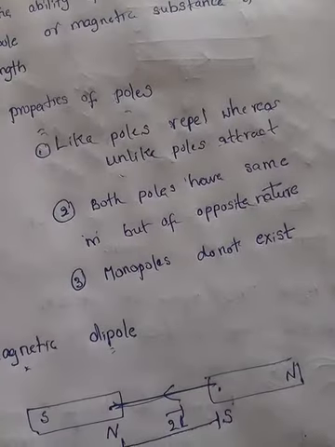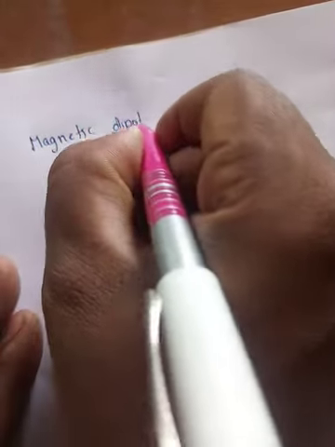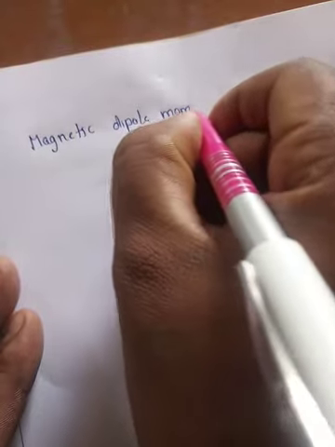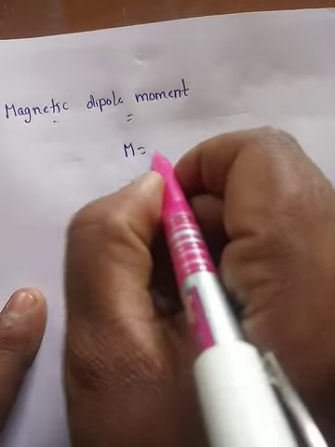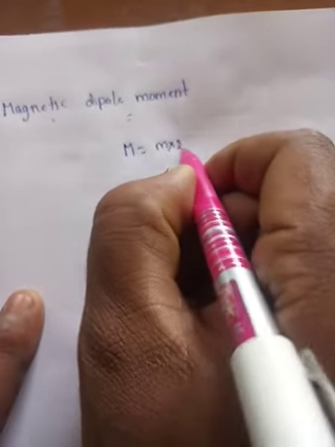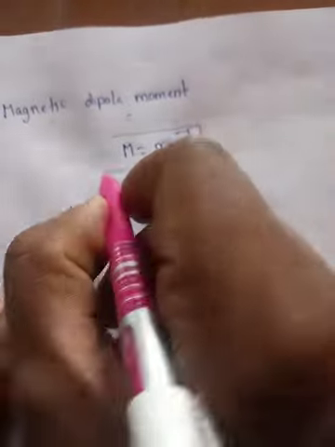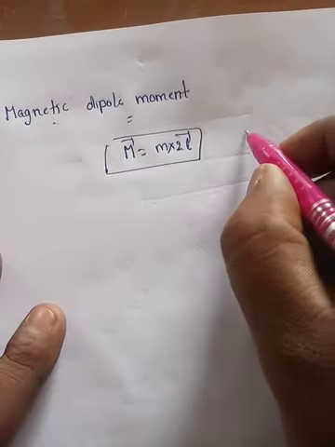Electric dipole, how do we define it? The same way, like that for the magnetic dipole. Now what can we define? Magnetic dipole moment. What is magnetic dipole moment? Simple. In electric dipole moment, how do we define?